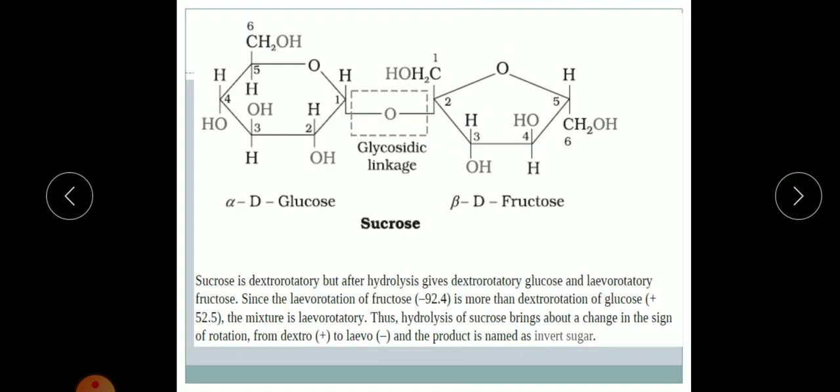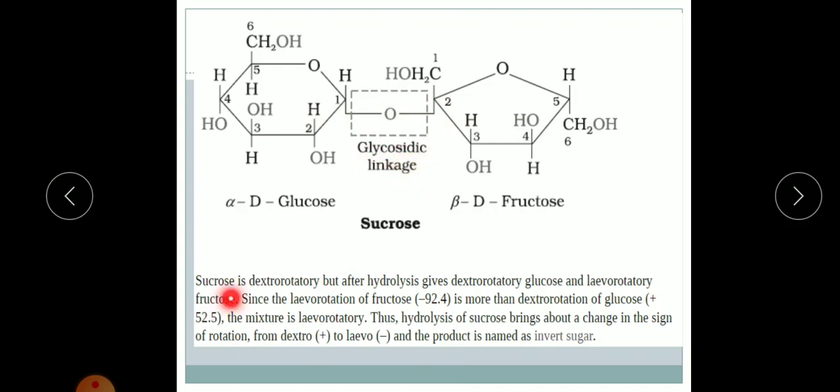Now in this, at carbon number 2 of fructose and carbon number 1 of glucose, we have got OH over here and we have got OH over here. So the two OH will remove a molecule of water and an oxygen link is formed between these two carbon atoms. Now this oxide linkage between the two molecules is known as glycosidic linkage.